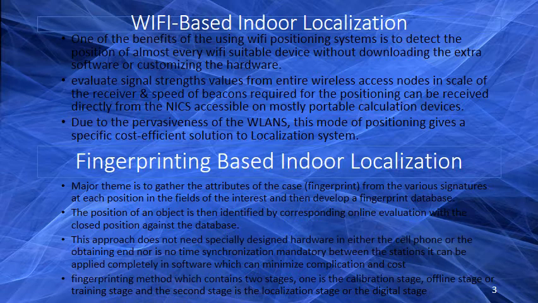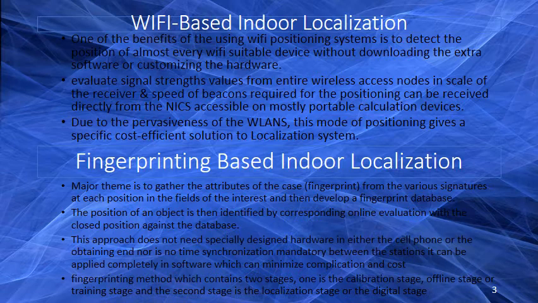Fingerprinting based indoor localization. The major theme is to gather the attributes of the object, in this case called a fingerprint, from various signatures at each position in the field of interest and then develop a fingerprint database. The position of an object is identified by the corresponding online evaluation with the closest position in the database.